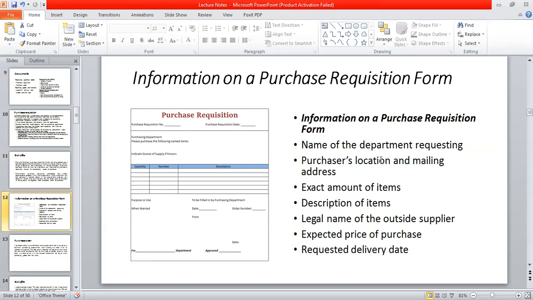So the information on the purchase requisition form is important for the auditor to note.